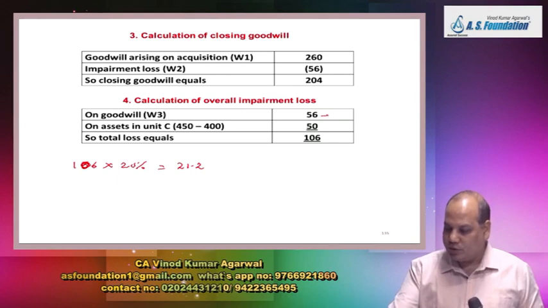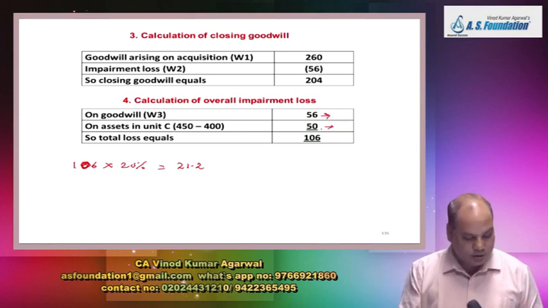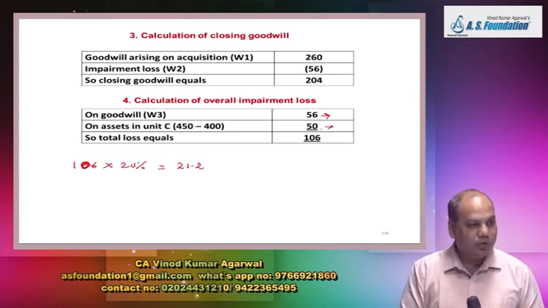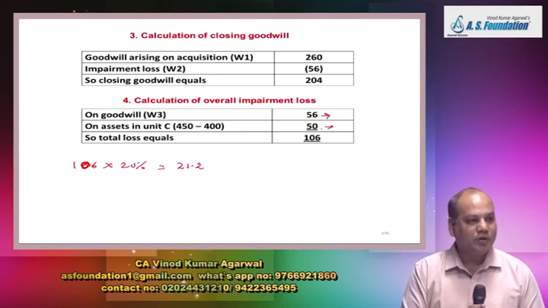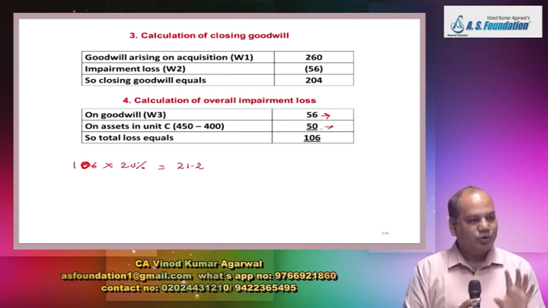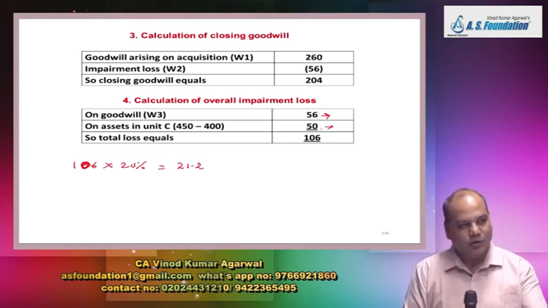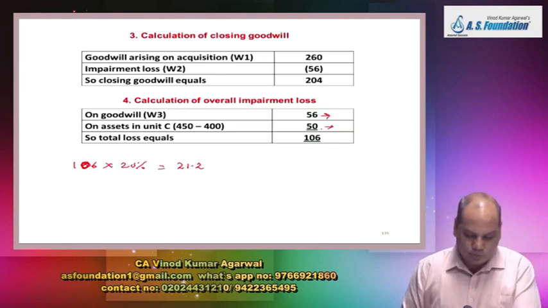For goodwill, they will allocate 20% of this, and for asset, they will allocate 20% of this. So NCI will be hit by 21.2 because all these assets relate to the asset acquired from subsidiary company. These are subsidiary company's assets. So in subsidiary company, NCI is also a 20% stakeholder. So NCI share will also reduce by 20%. No, C is the asset of Pluto Limited.